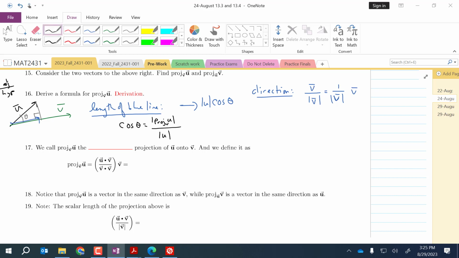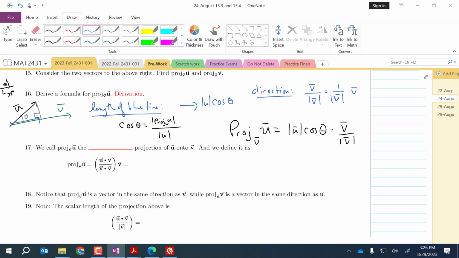So the projection of vector u onto vector v is just the magnitude of u times the cosine of the angle between them times vector v divided by its magnitude. This is the intuitive formula.